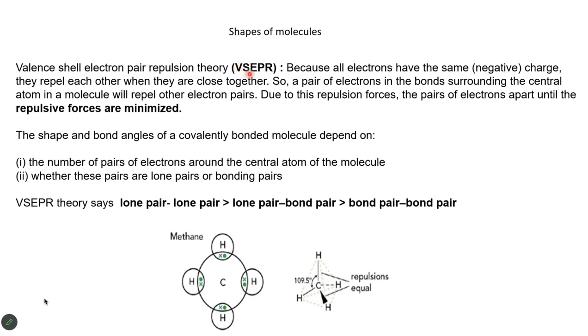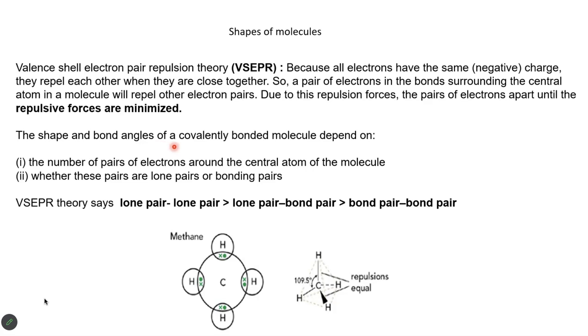In short, VSEPR theory. We know that electrons have negative charge and they will repel each other when we arrange them. So, due to these repulsion forces, pairs of electrons move apart until the repulsive forces are minimized.